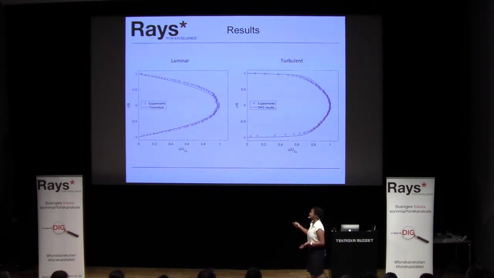Of course, we can't say that they correspond completely, because there is deviation here, and we see deviation here at the peak as well, and there is deviation here as well, but it's less in the turbulent flow. So, although there is deviation, we can see that the MRI is a good way of being able to study how flow works.